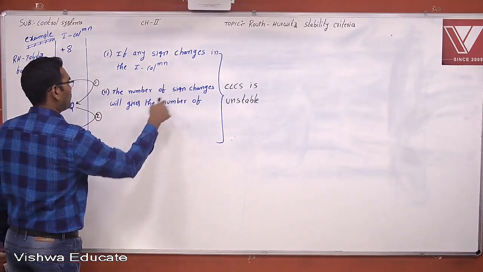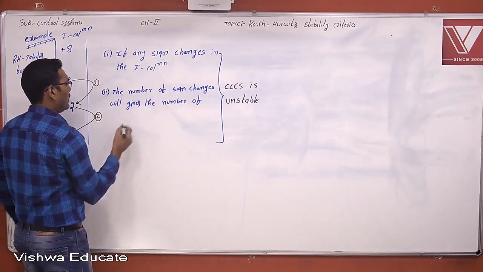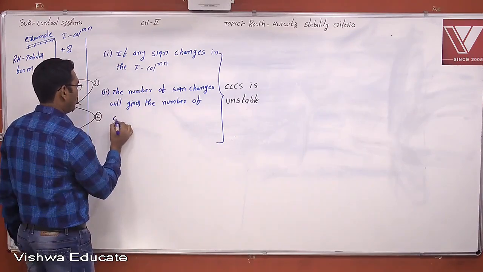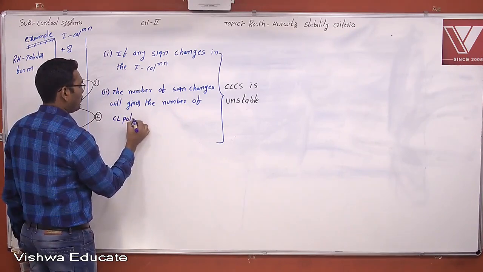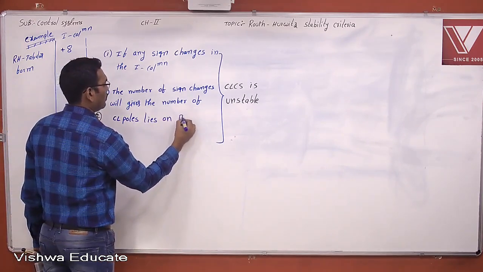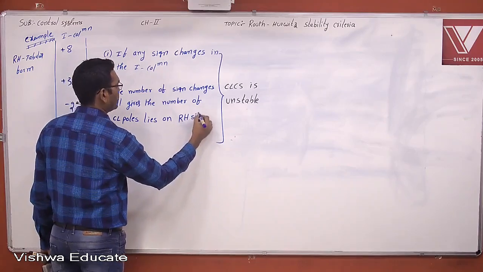So the number of sign changes will give the number of closed loop poles that lie on the right hand side of the S plane.